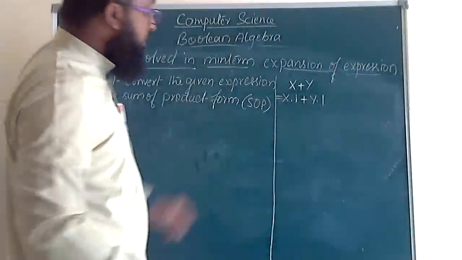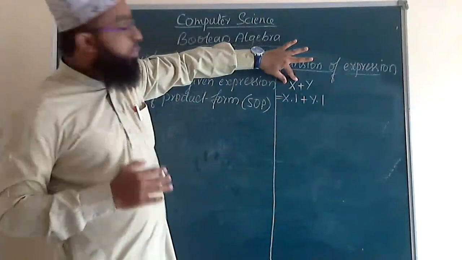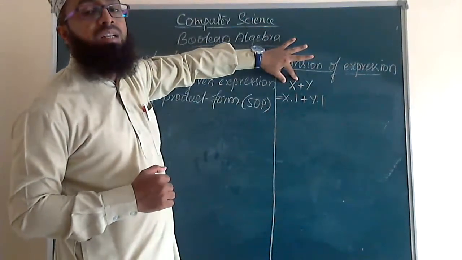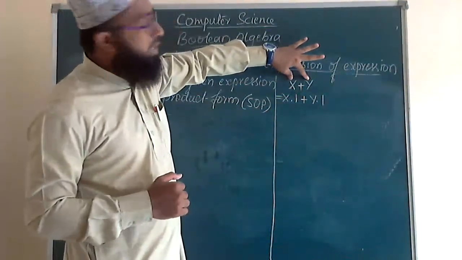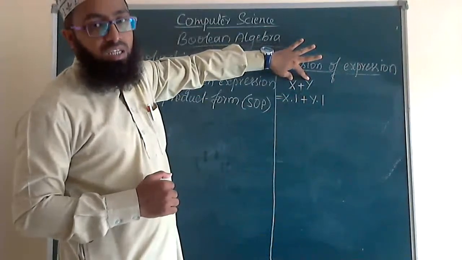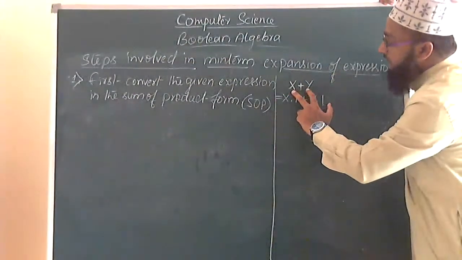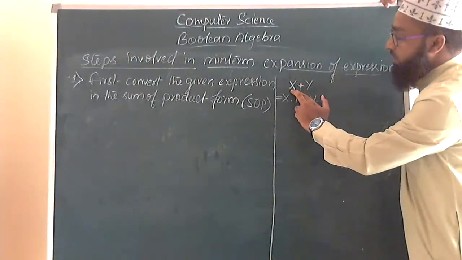Hope you have understood. No single variable must be contained in the min term. So for any expression, if a single variable is there, it should contain its other, relative variable.